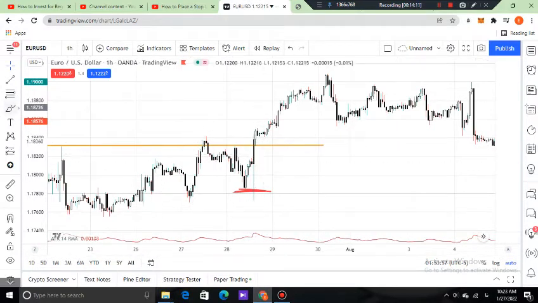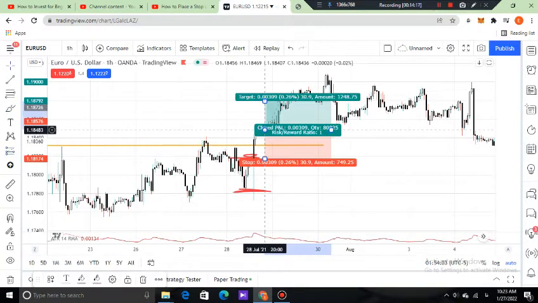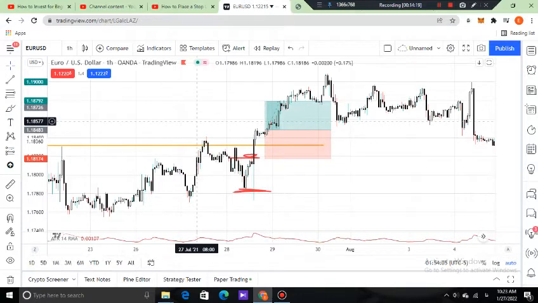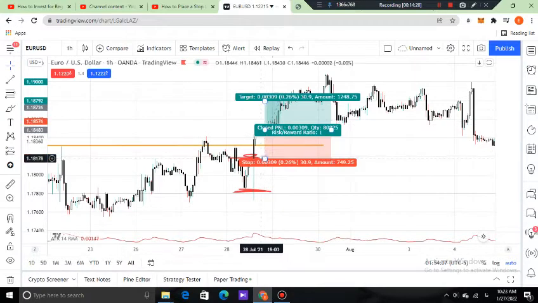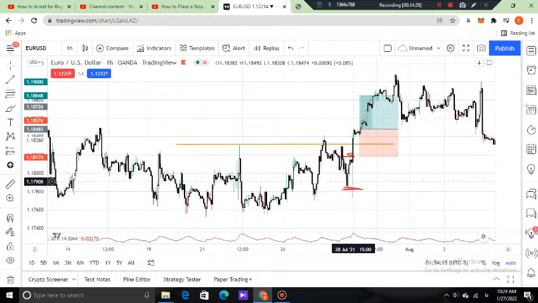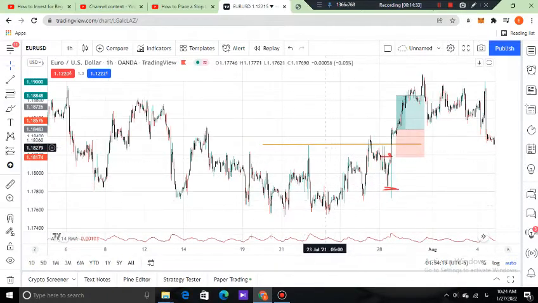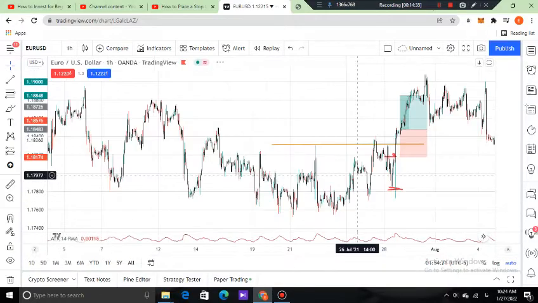You can put your stop below this level. For example, you take a position, you put your stop below this resistance, and you enter at this price, and let's say you take profit as high as this trading range height.